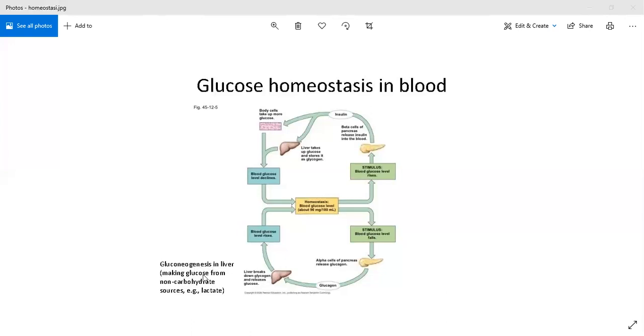So the question you should ask is, how come we are able to get glucose from protein? When we were in primary and secondary school, we were told that after digestion of protein, you get amino acids, and after digestion of fatty food, you get fatty acids.